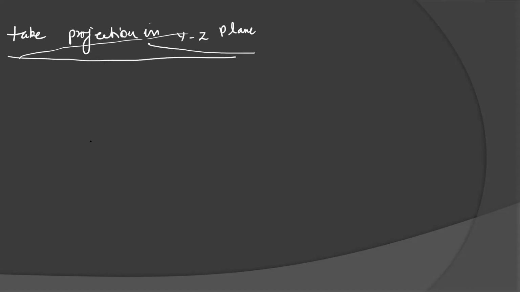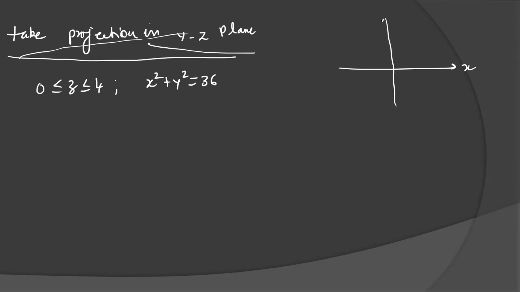The limit of z is given to you, 0 to 4. And for y, you can see the circle is given, x square plus y square equal to 36. If you take it in the xy plane, this is a circle. Now, you are in the first octant. It means you will be in the first quadrant.